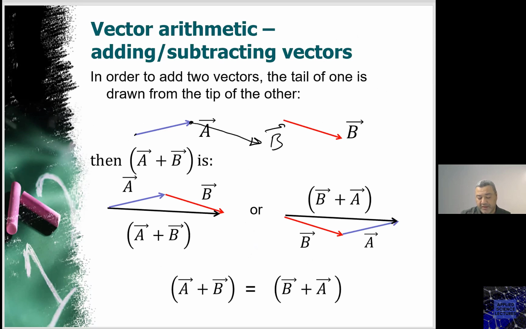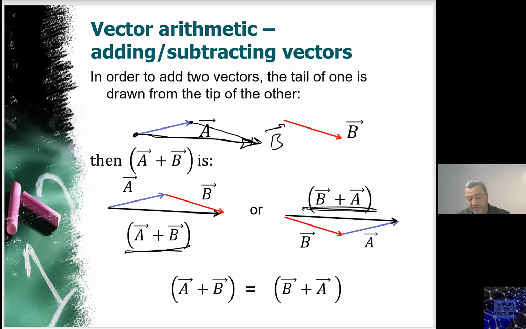Then in this case, starting from the tail, ending at the head of the second one, I get my vector that represents the summation or the addition of the A and B. If I start with B, I will be getting the same answer. So A plus B is no different than B plus A.